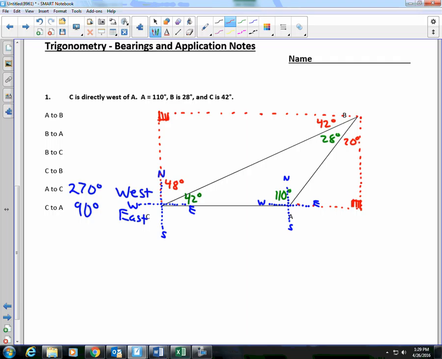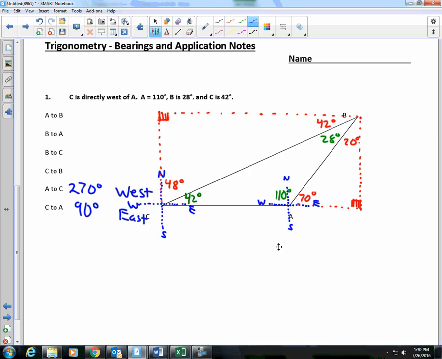You see my other triangle. All the angles must add up to 180, minus 90 is 90, minus 70 is 20. Figuring out those can often help us determine some of the bearings that we want to find.